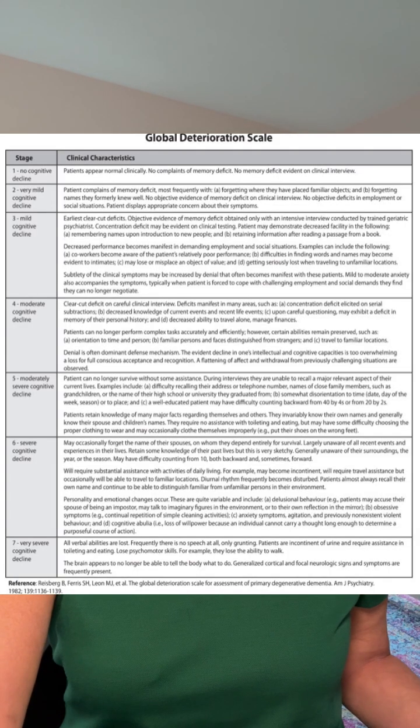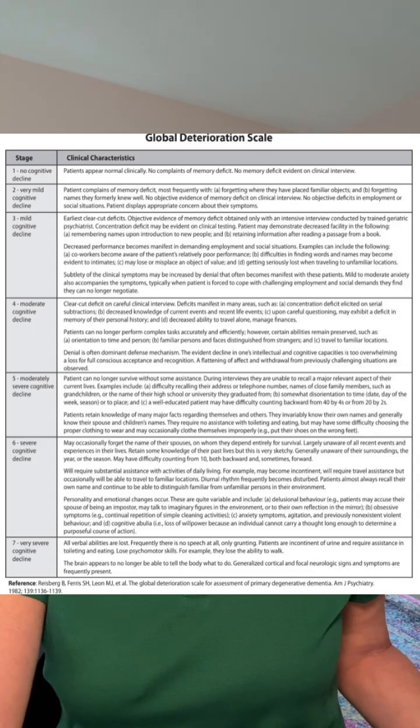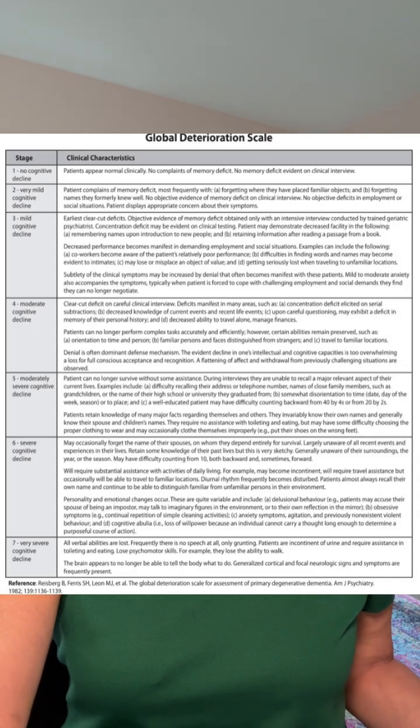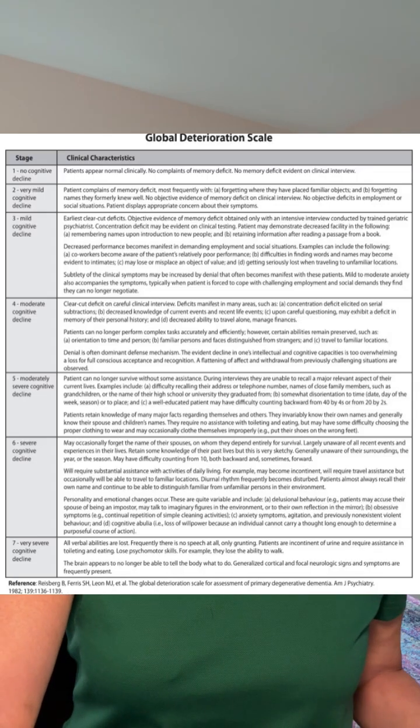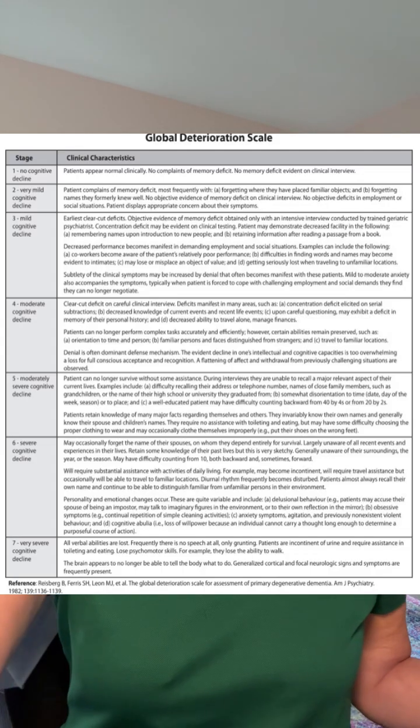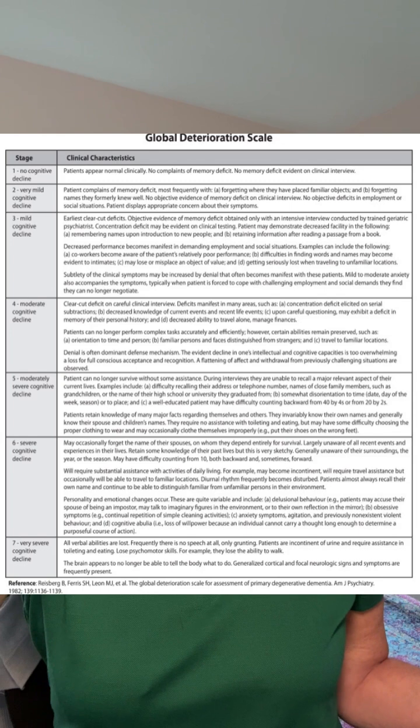So whether that means understanding when it's time to hire a home health aide or make the transition to assisted living or even to memory care, reading these descriptions gives us a good idea about what level of assistance they will need.